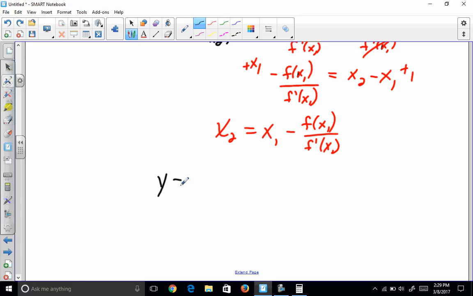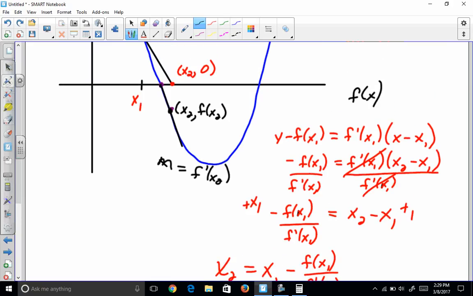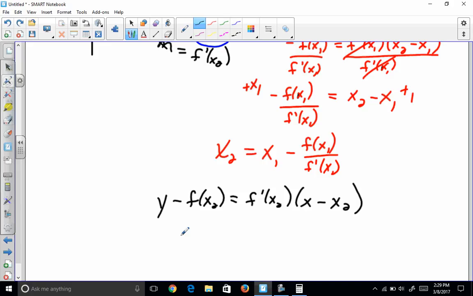So y minus our y value equals our slope times x minus our x value. That'll give us the equation of our second tangent line. So where that second tangent line intersects the x-axis, we could call that x sub 3. So if we solved, x sub 3 would be x sub 2 minus f of x sub 2 over f prime of x sub 2.